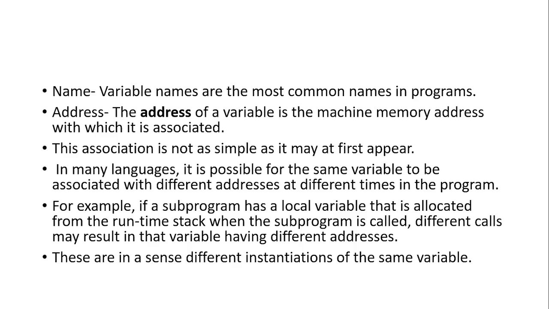So when we call this function multiple times, the variable will be mapped to different memory addresses. These are in a sense different instantiations of the same variable.